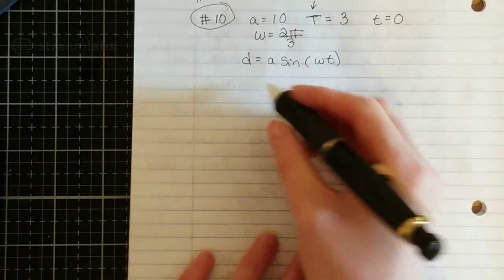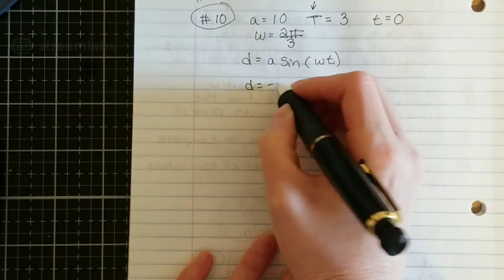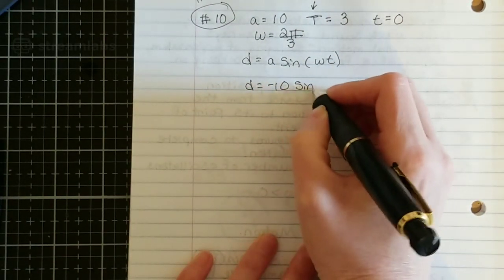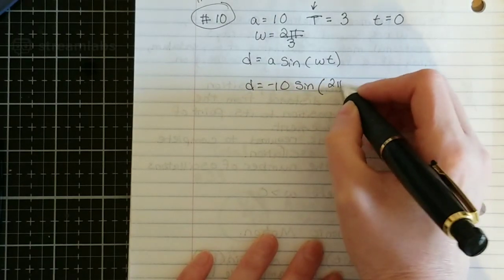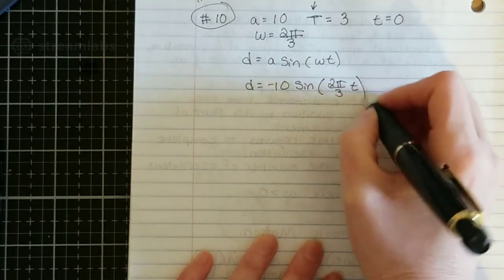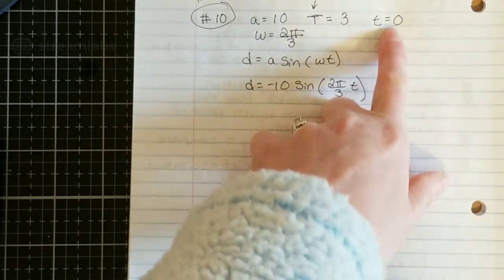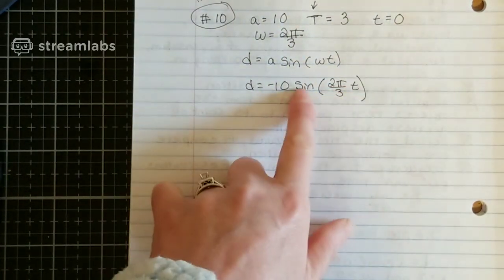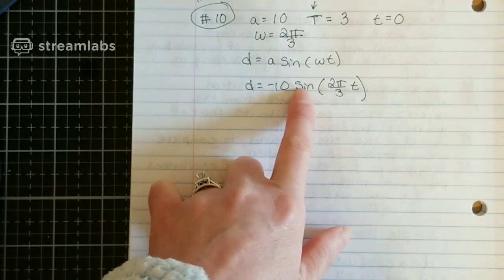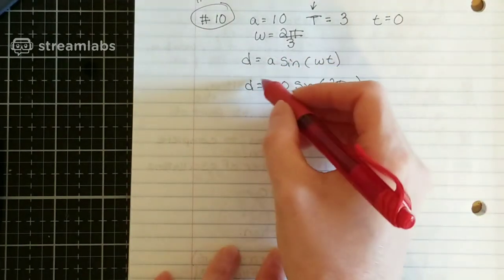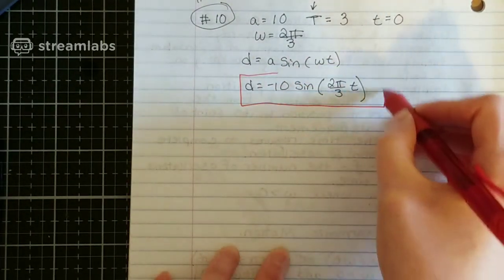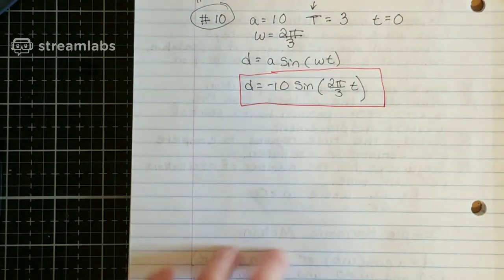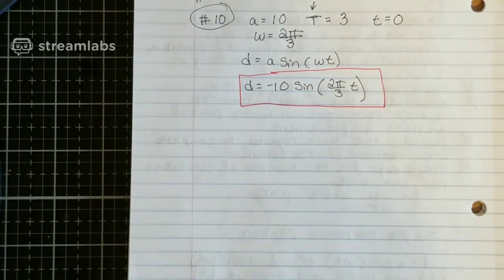Everything else is the same. So this is -10 sine 2 pi over 3t. And we don't do anything with that t equals 0. The only thing that's telling us is we're going to use sine instead of cos. So this is your answer. So when you do number 9, try not to think too much. Just change the cos to sine and you'll be good.